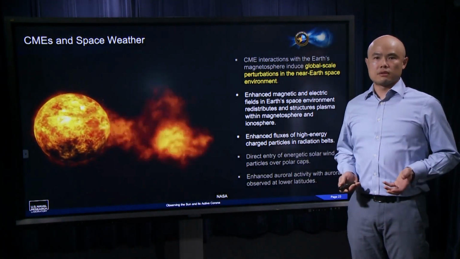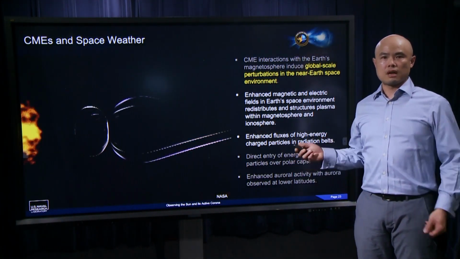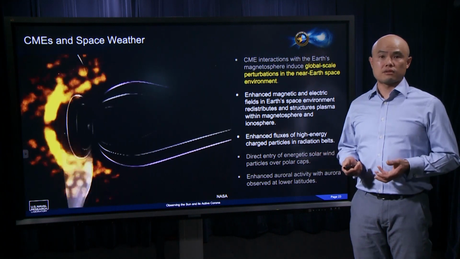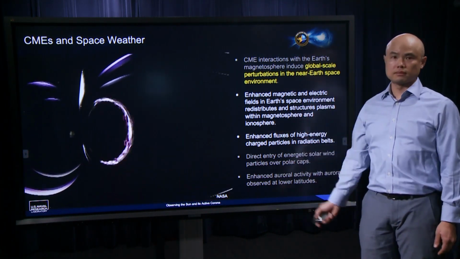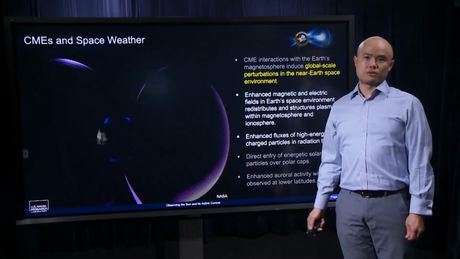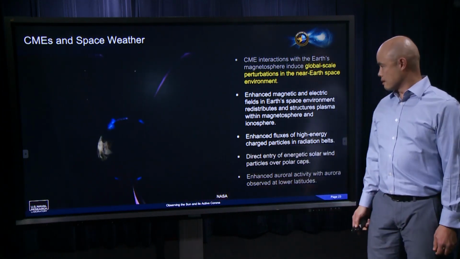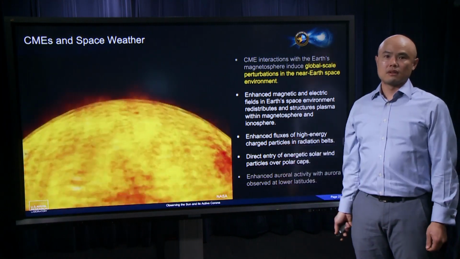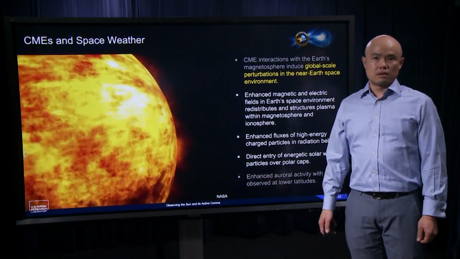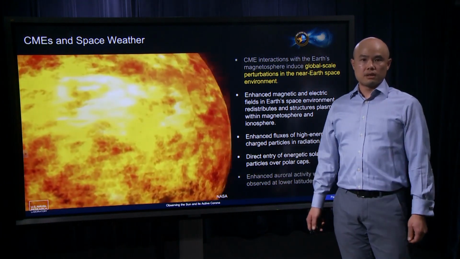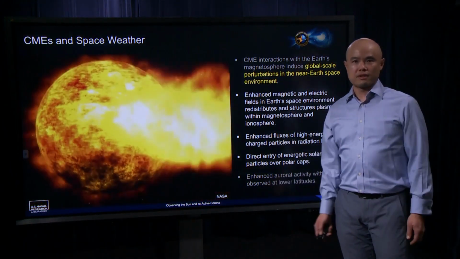And during CME events, energetic solar wind particles have a greater degree of access to directly enter our upper atmosphere over the polar caps. Another telltale sign of disturbances brought by CMEs is enhanced auroral activity at mid and lower latitudes that you'll often hear in the local media and news reports and weather forecasts when this is happening.